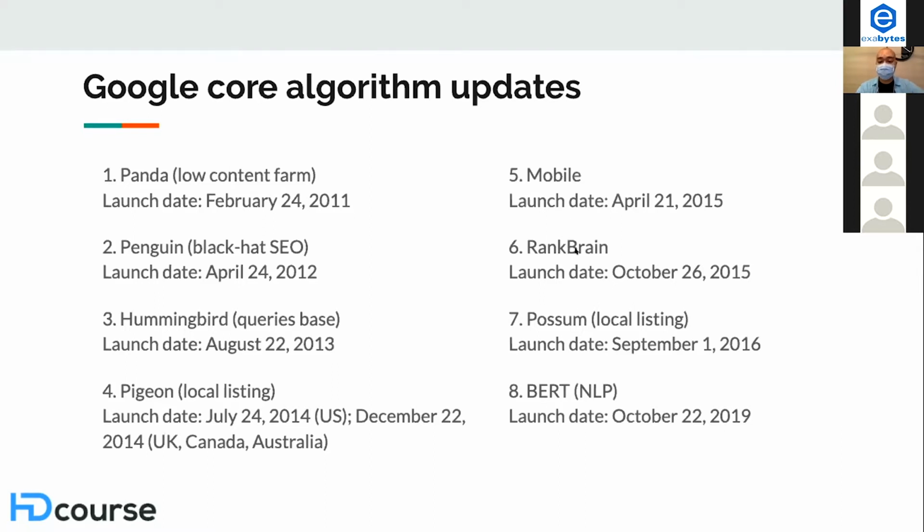And also this is quite a critical one, which is in 2015, RankBrain. This is the first big data or machine learning project. Every single day there are billions of searches in Google, so Google actually collects a lot of data.